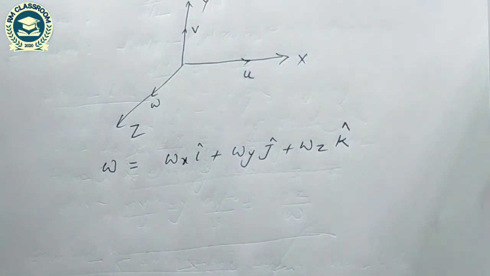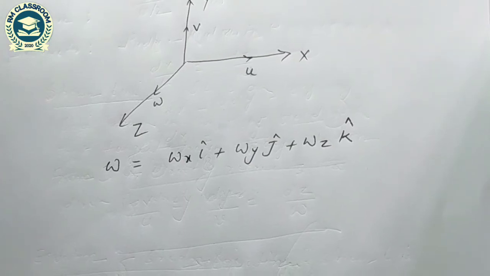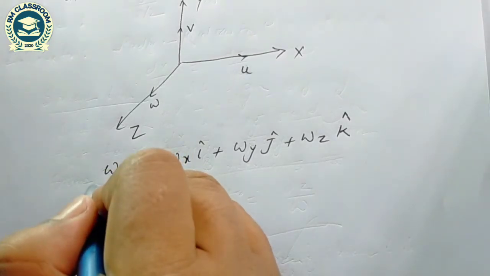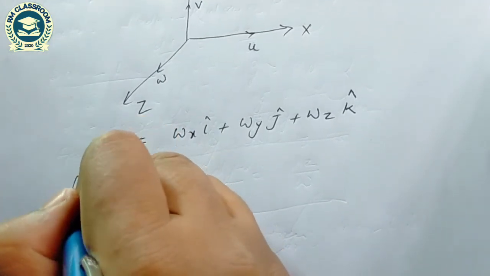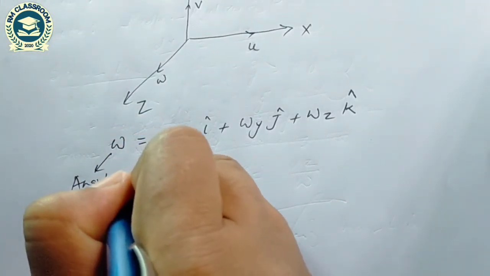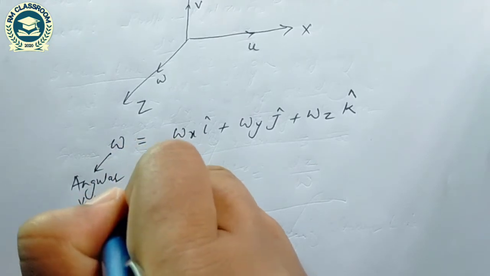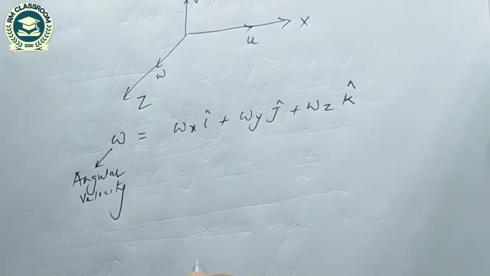So what is the expression of this rotational component in x, y and z direction in terms of u, v and w? This omega is also known as angular velocity. Omega is angular velocity or rotational component.